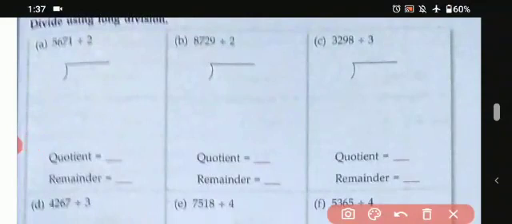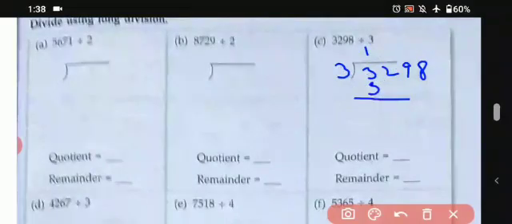3298 divided by 3. So we'll be writing it here, and this number will be divided by 3. So how will we be doing this? Let's see. 3 ones are 3. So that will be subtracted, that comes 0. Then 2 will come down, but 2 is smaller than 3.